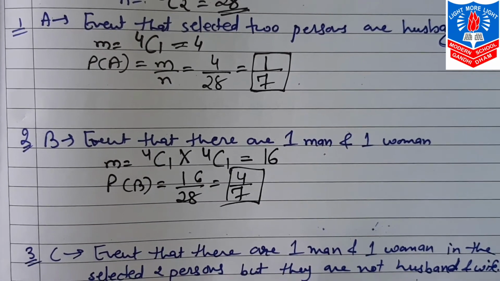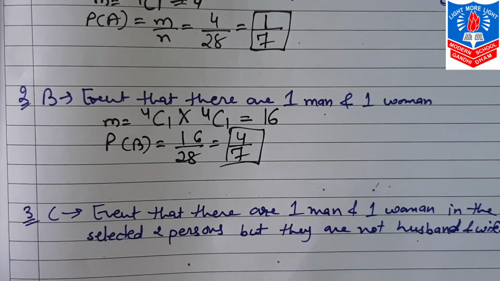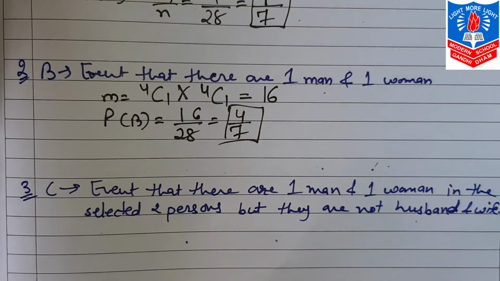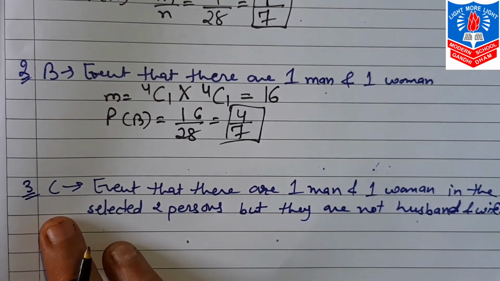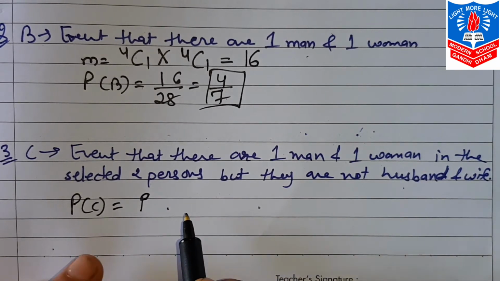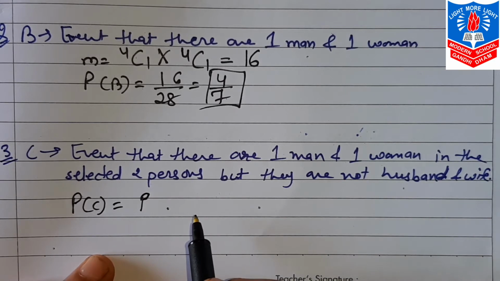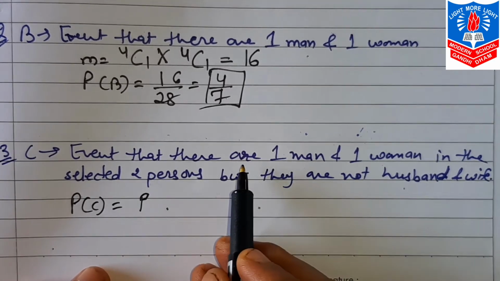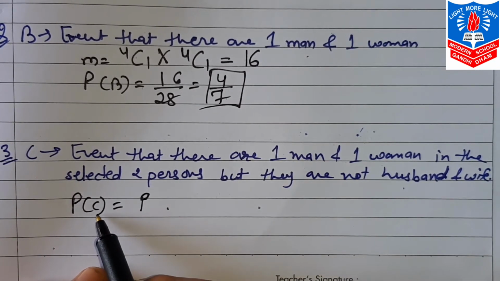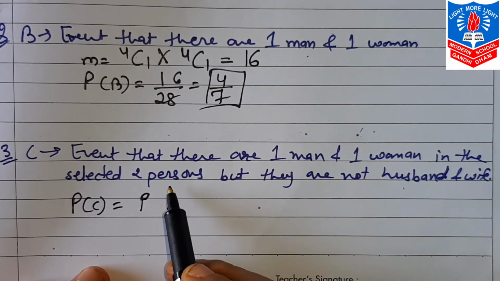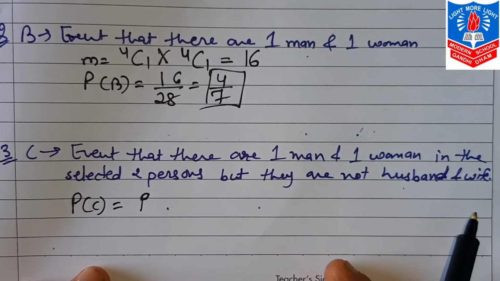Now come to the third one, that there is 1 man and 1 woman in the selected 2 persons, but they are not husband and wife. There are many ways you can solve this question, but I'll show you the easiest method. We assume this is probability C, that 1 woman and 1 man are selected but both are not husband and wife.